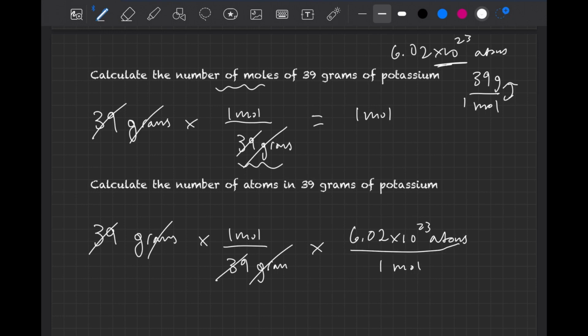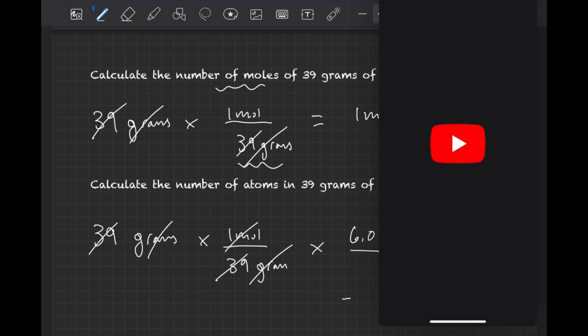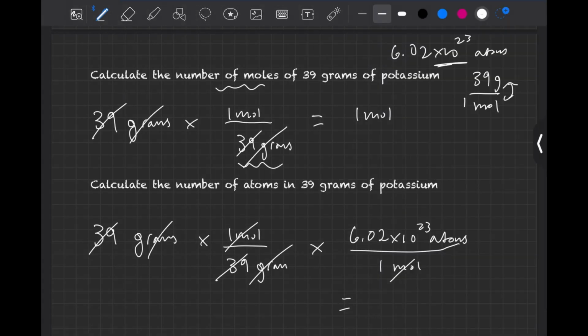So it's just a conversion factor. So when we do that, we'll see the moles cancel, and we're left with just 6.02 times 10 to the 20 atoms.